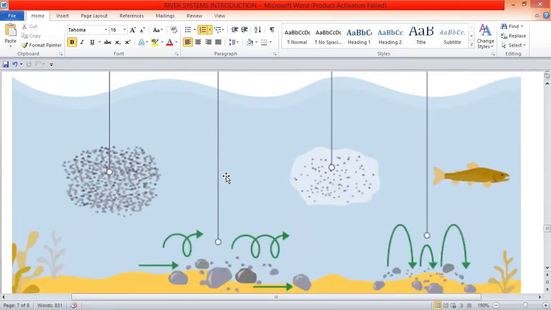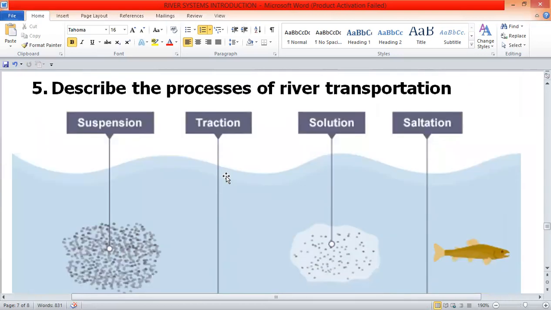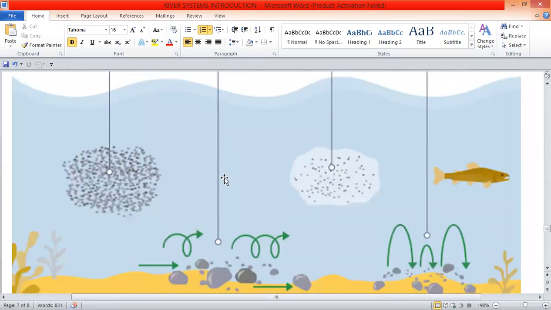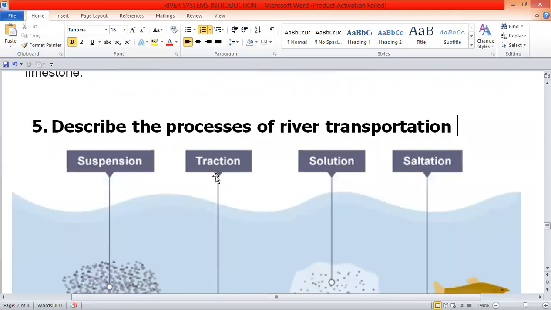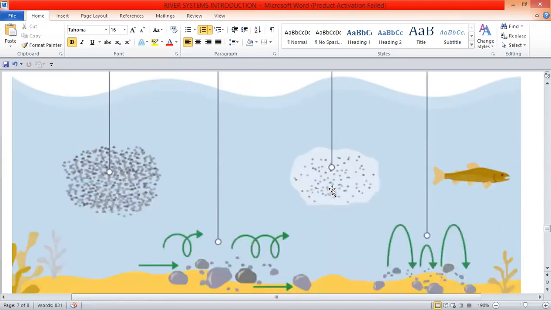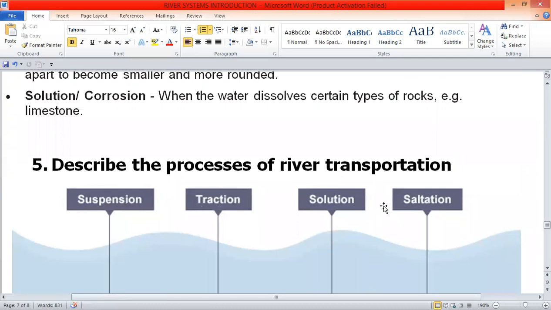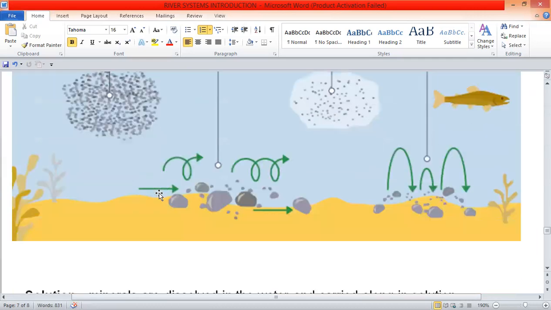Then the second load, which is less heavy but still big, is called saltation. And then small light load is transported through a process called suspension. And then the final one is solution.